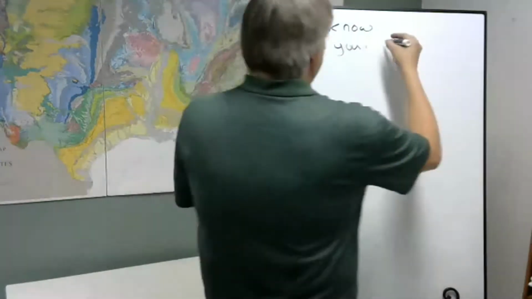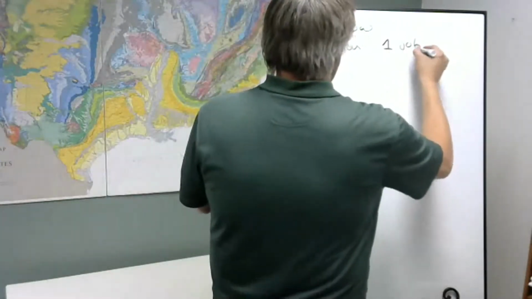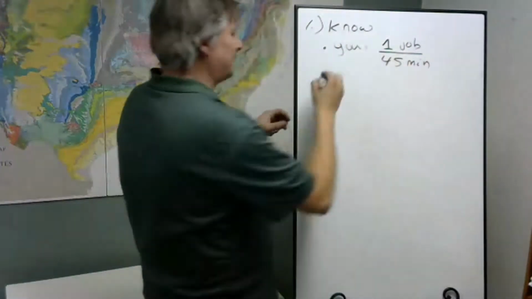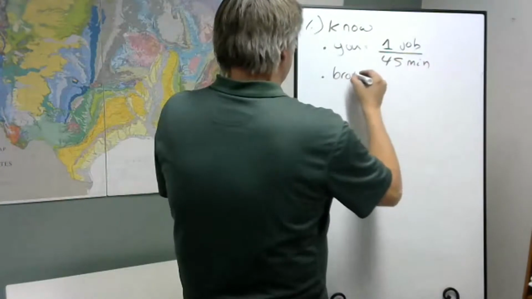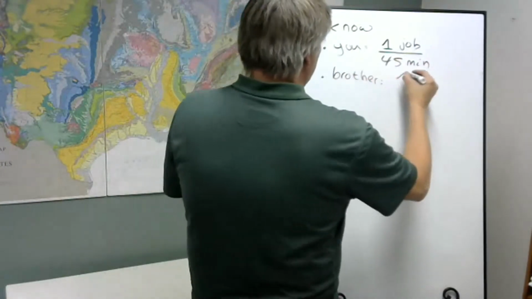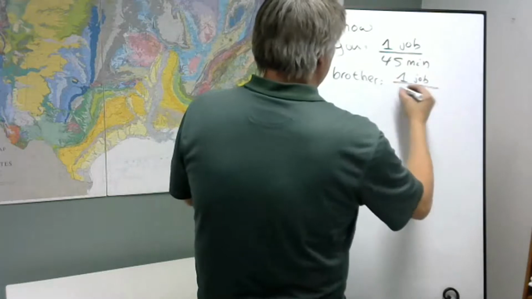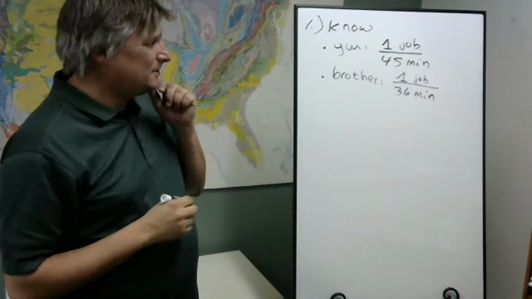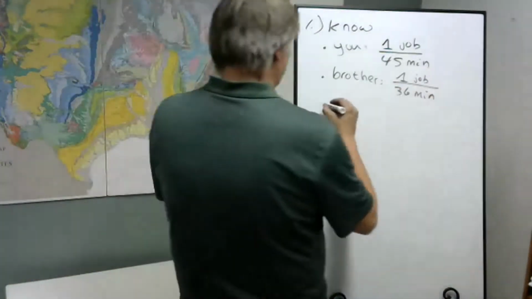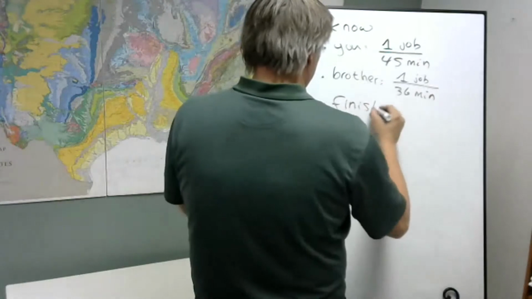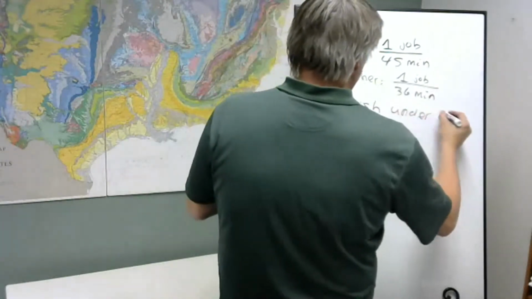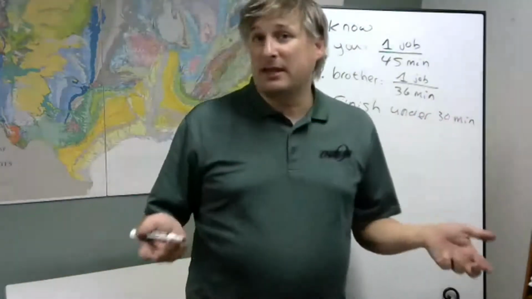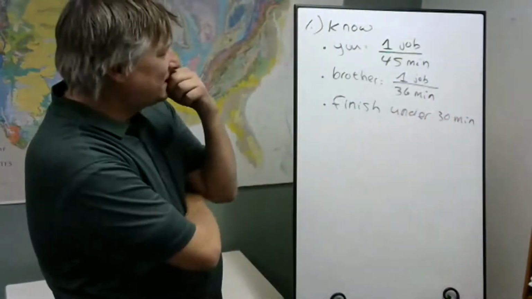So we're going to put it like this. Now your brother is one job, 36 minutes. And you want to do this under 30. As a very minimum, you've got to leave in the next 30 minutes or you won't make it to campus on time. So that's what we know.